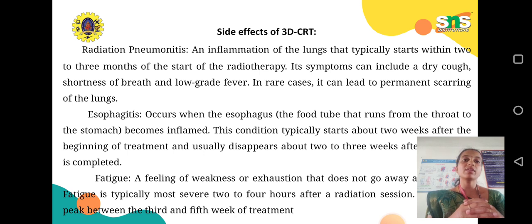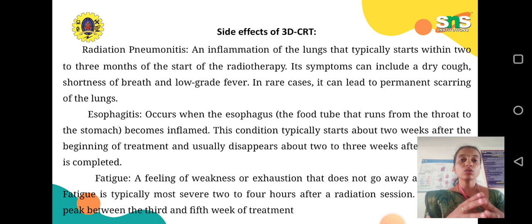An inflammation of the lungs that typically starts within 2 or 3 months of the start of radiation therapy. Its symptoms can include a dry cough, shortness of breath and low grade fever. These are the side effects which can occur with 3D CRT.